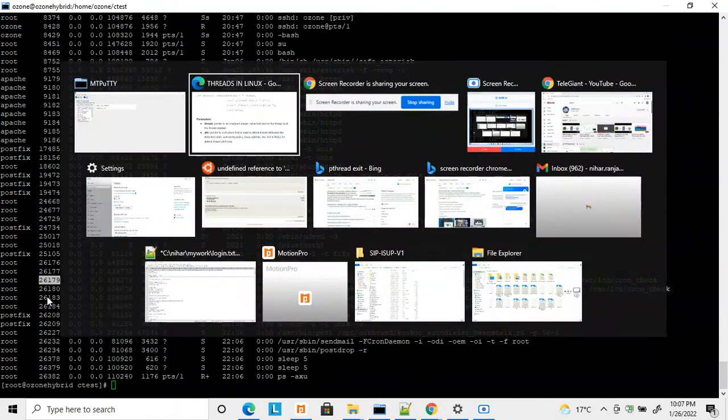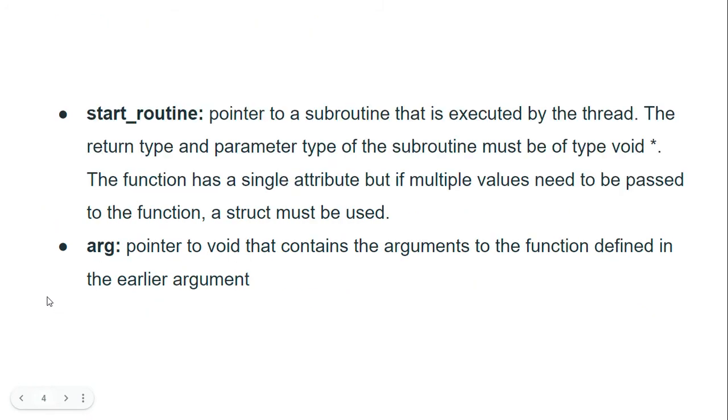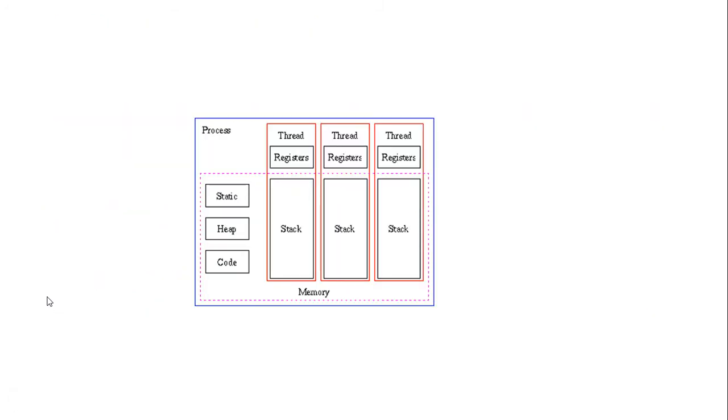So let's see how the memory allocation for a thread is done. When you create a process, the process has its own stack memory, heap memory, all of these. But when you call the pthread_create function and call a routine, then, if you call a normal routine without pthread_create, it has its own stack.